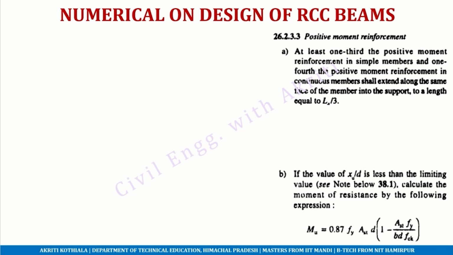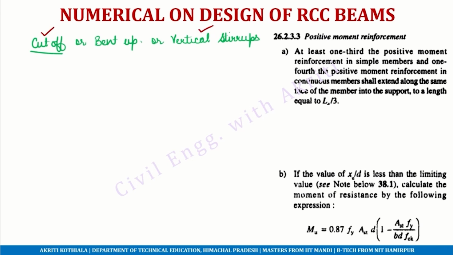What we can do is we can either cut off the bars, or we can bend up the bars, or, like the previous case, we can simply provide vertical stirrups. We have seen sufficient examples of cutoff bars in simply supported beam and in cantilever.